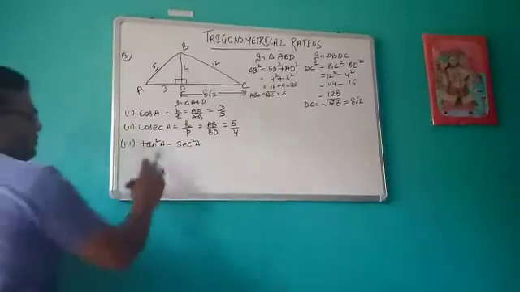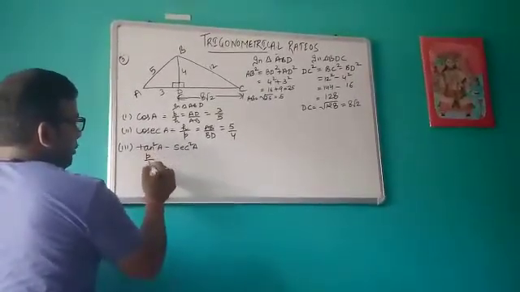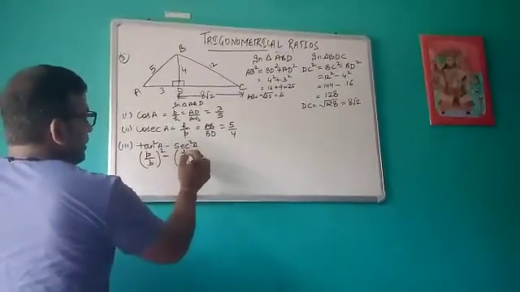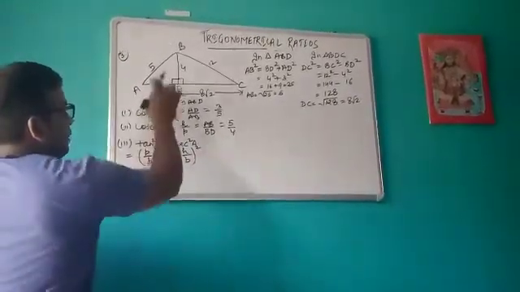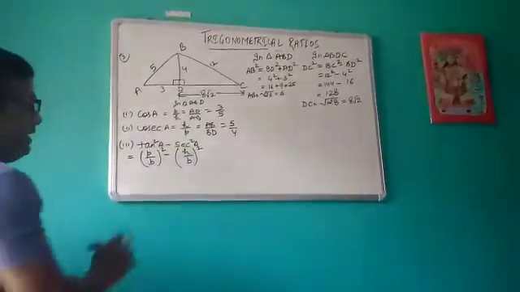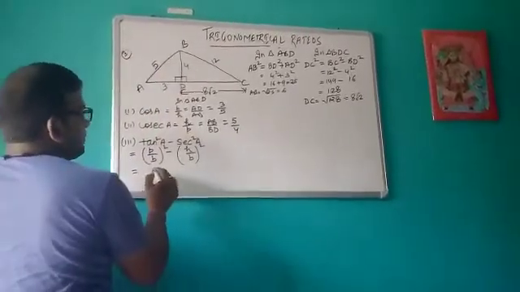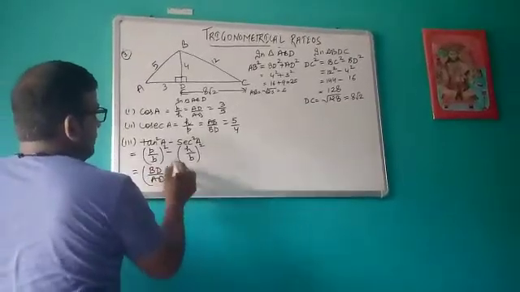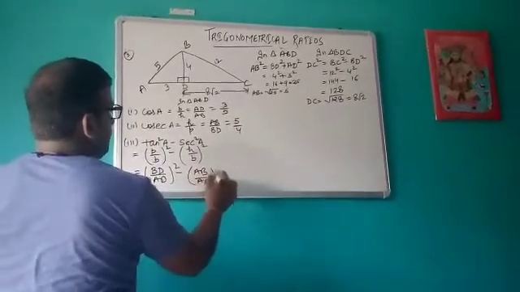Next is tan square A minus sec square A. What is the formula of tan? P upon B. And what is the formula of sec? H upon B. For this particular triangle, A lies in triangle ABD only, so we are only considering triangle ABD. What will be your P? BD upon AD, and what will be your H? AB upon AD, whole square.